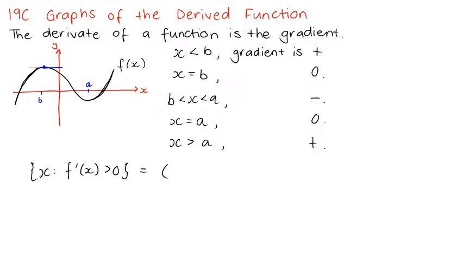Negative infinity up to b, but not including b. Or, we've also got a positive gradient when x is greater than a, so from a up to infinity. We're just saying the same thing as we've just said, in interval notation.